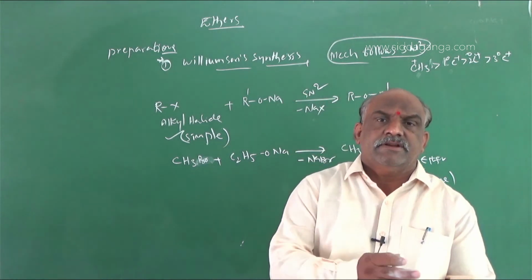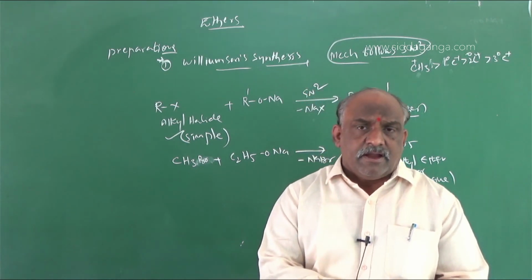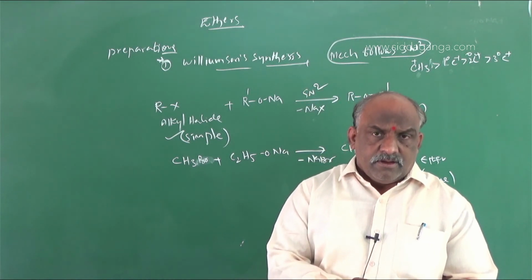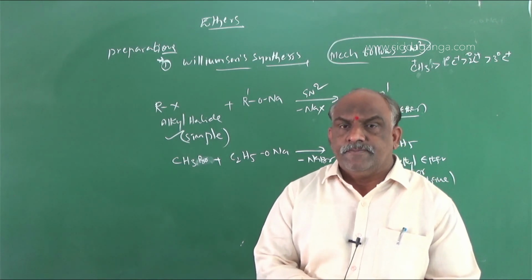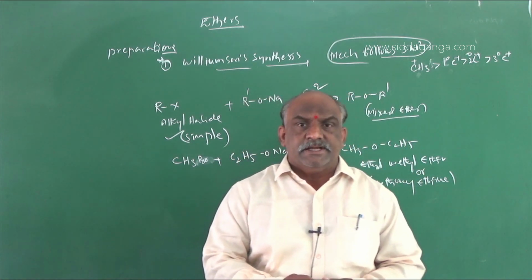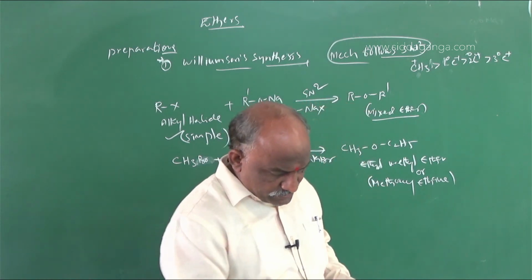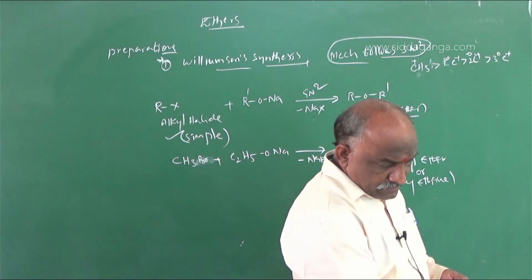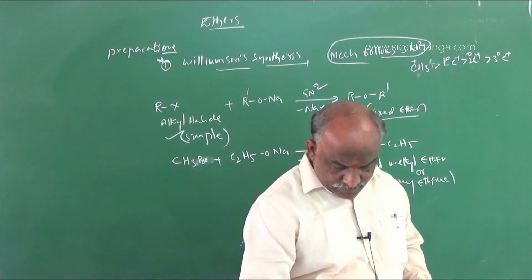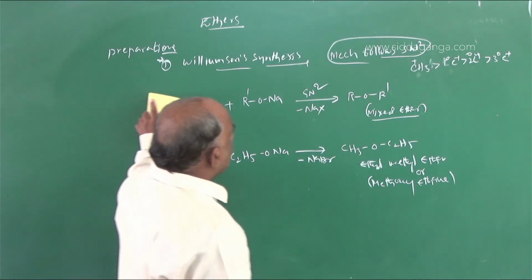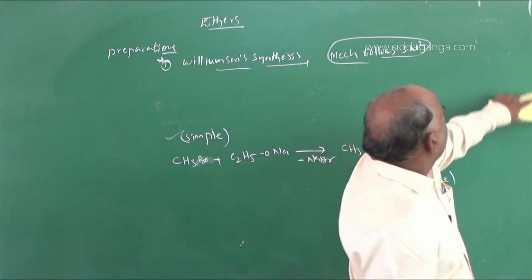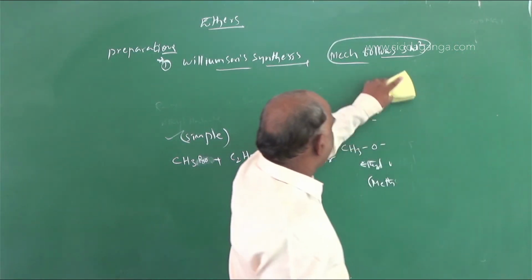That is the condition for Williamson synthesis. And if you would like to prepare ethyl tertiary butyl ether, what is it? I will go with another example regarding this: ethyl tertiary butyl ether.